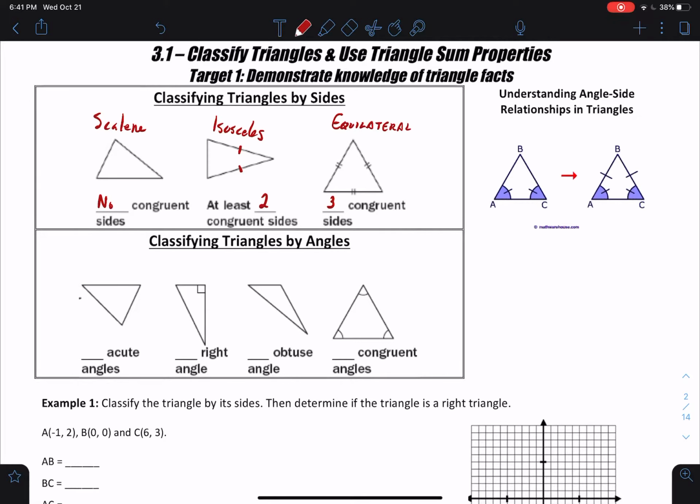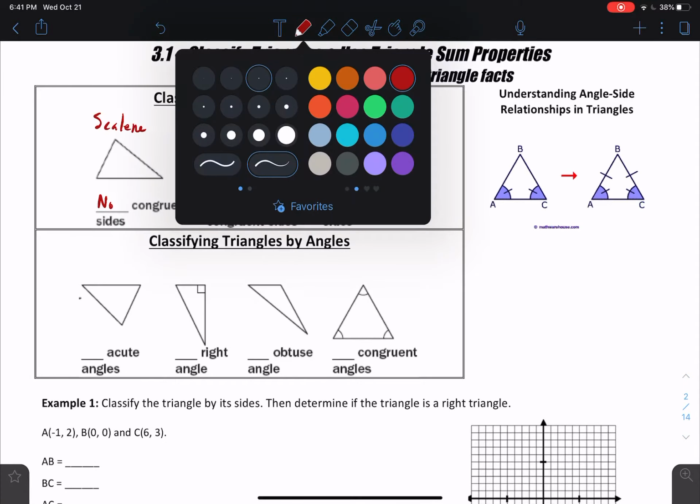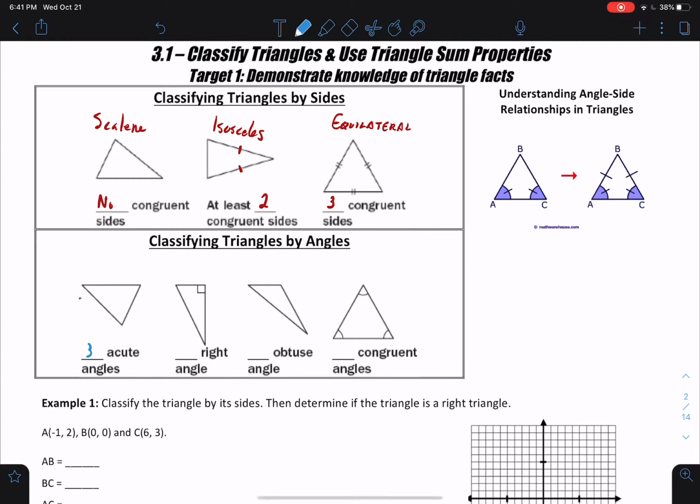What about the angles? If your triangle has three acute angles, it's known as an acute triangle. If it has one right angle, which is the most a triangle could have, it's known as a right triangle. If it has one obtuse angle, which is right here, that's the most a triangle could have.